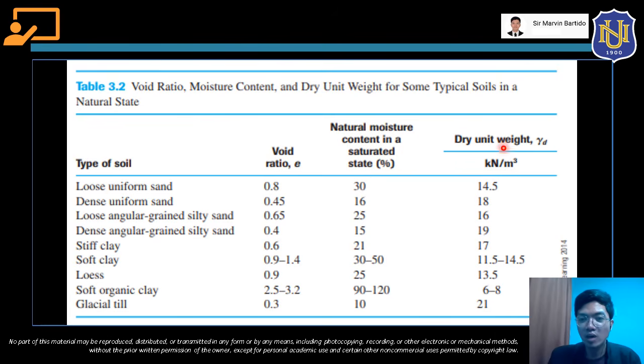Tapos yung dry unit weight niya ay nandito din. So usually class, ito yung mga values nung mga nakukuha nating soils, soil mass in its natural state. For loose uniform sand, ito 14.5 kilonewton per meter cube. So hanggang dito class, 21 na yan dito, 21 kilonewton per meter cube. Okay, anyway.